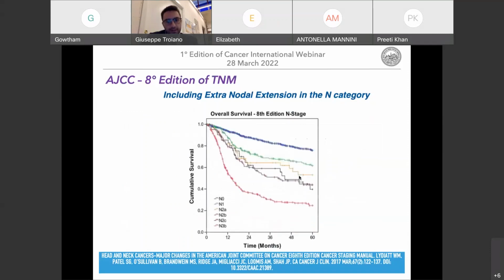Also, in this case, for N0, N1 and N3, there is a good separation of the Kaplan-Meier curves, while there still remains a poor separation for the different types of N2 patients.